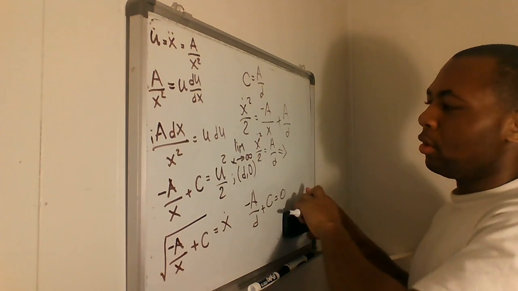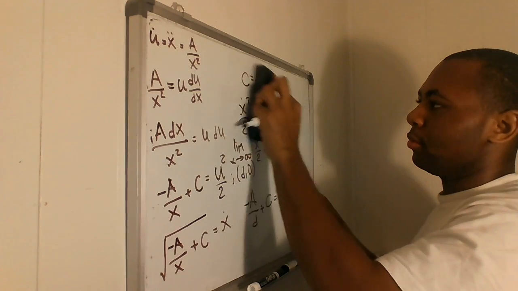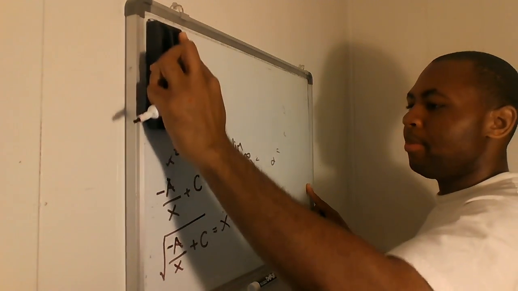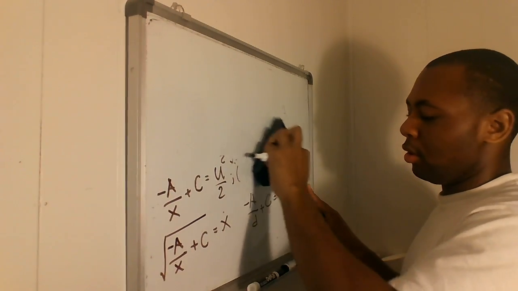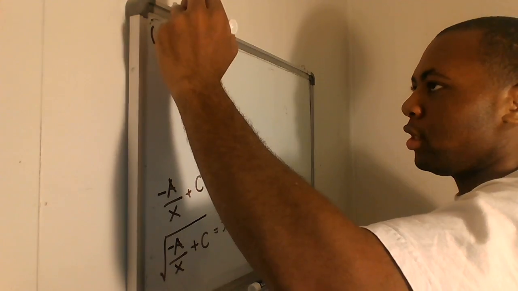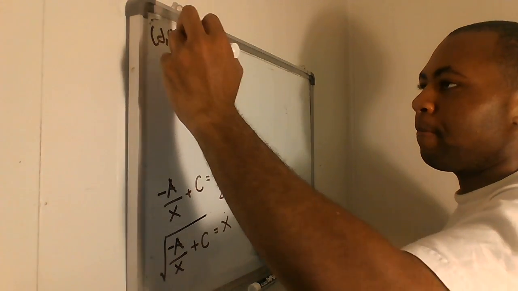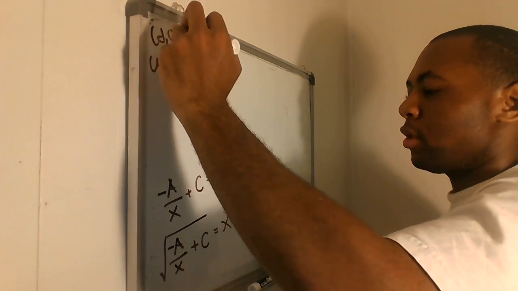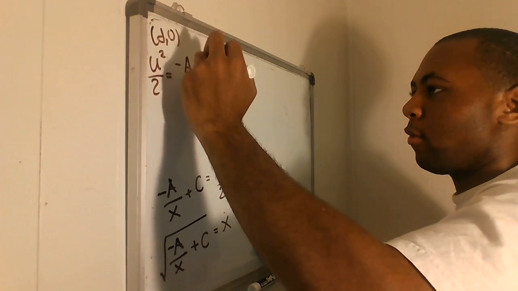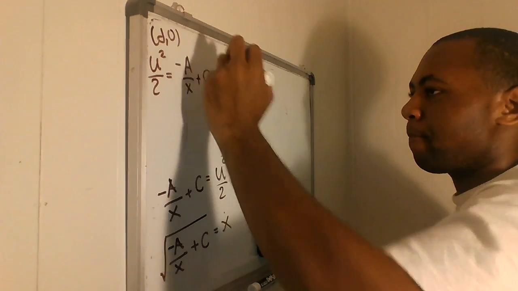Alright, let me first and foremost organize this a bit better than I have been. So our phase space initial condition was d, 0. Our equation is u squared over 2 is equal to minus a over x plus c.